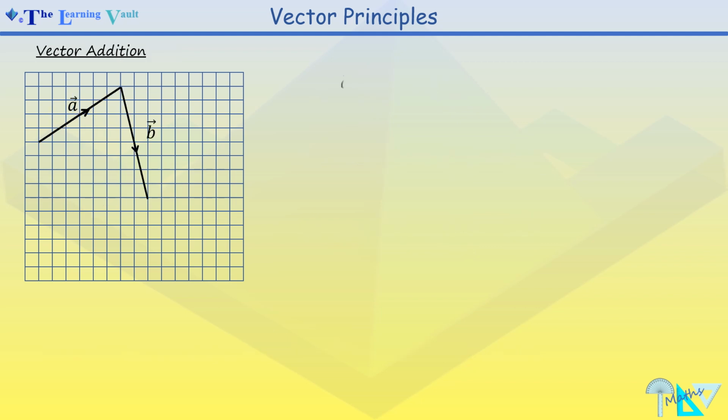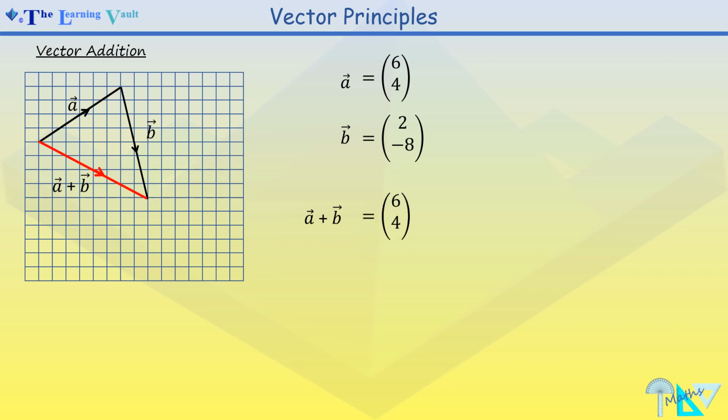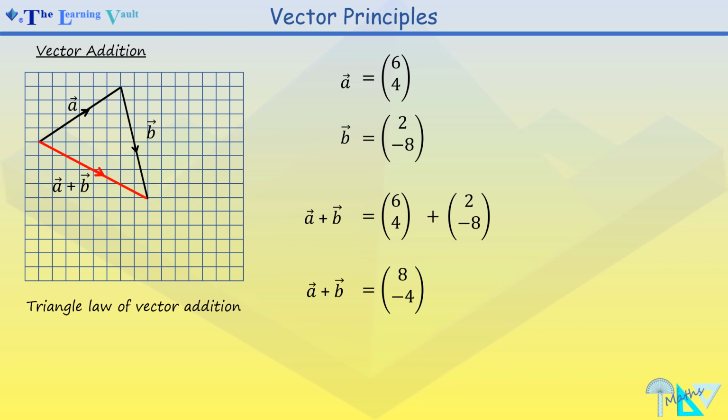Vector addition. We're given that vector A is a column vector of 6 and 4, and vector B is a column vector of 2 and -8. So A plus B is going to be the column vector 6, 4 plus 2 and -8. So our answer is 8 and -4.